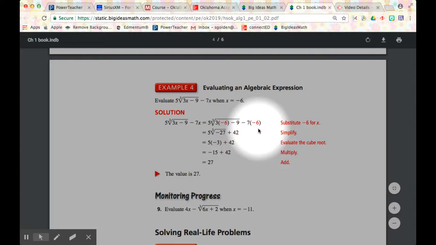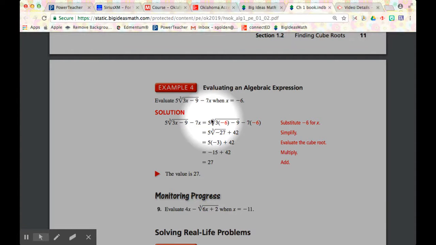Now, we know this cube root works like parentheses, but inside the cube root I have other stuff happening, so that's technically where I begin. So we have 3 times negative 6, which is negative 18, minus 9 more. When we do that, we get negative 27, so I have 5 times the cube root of negative 27. They went ahead and multiplied this out here, 7 times negative 6, but it's actually a minus 7, so negative 7 times negative 6.